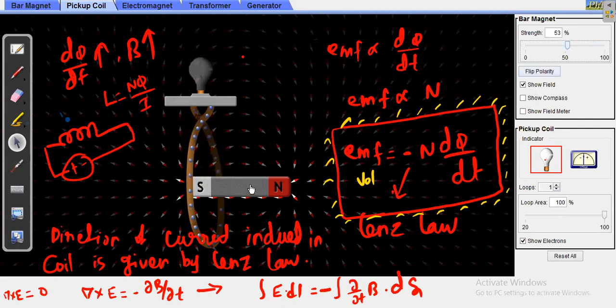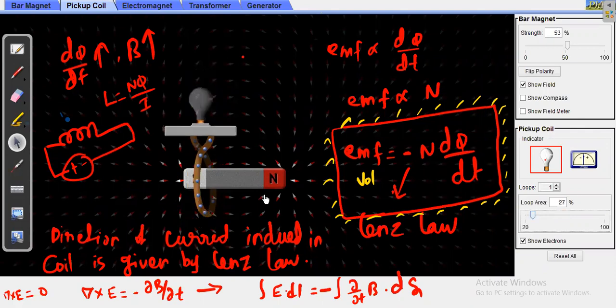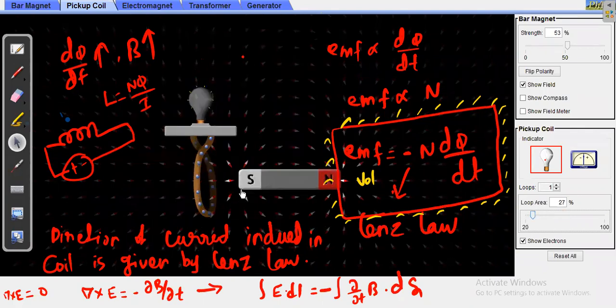Now I move this, I am getting some light. Now I have kept the loop area at 100%. Now I reduce the loop area, now also I am getting light.